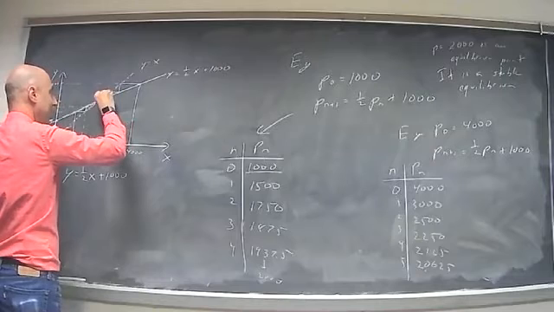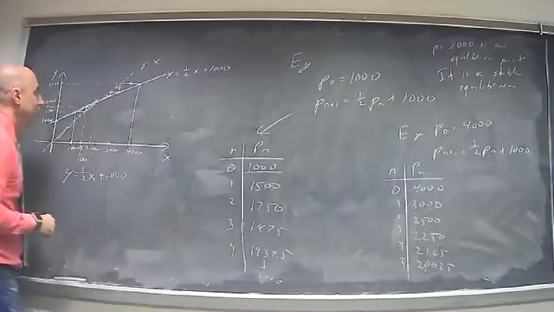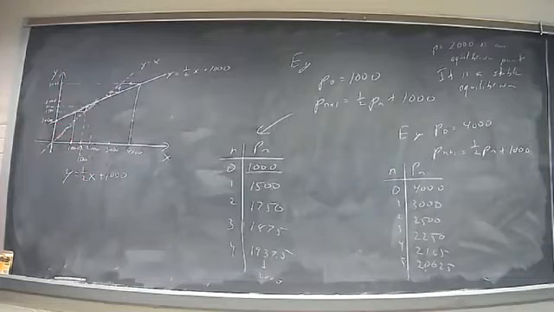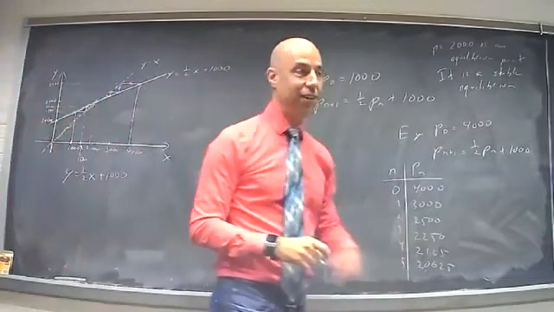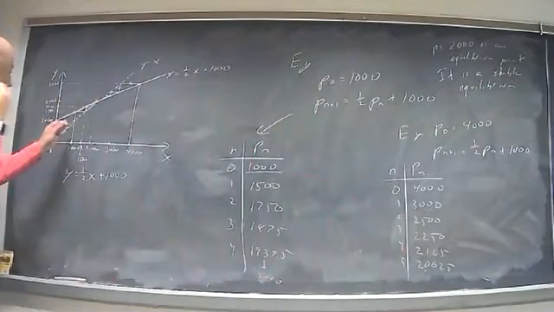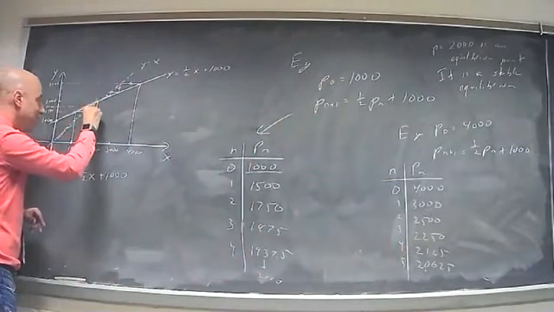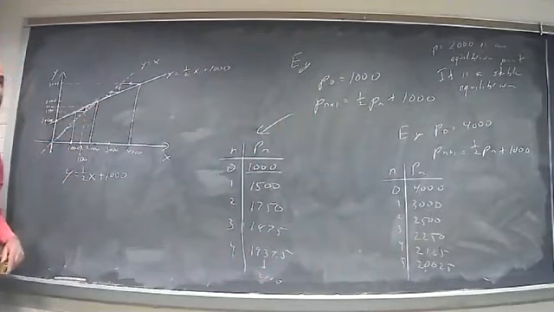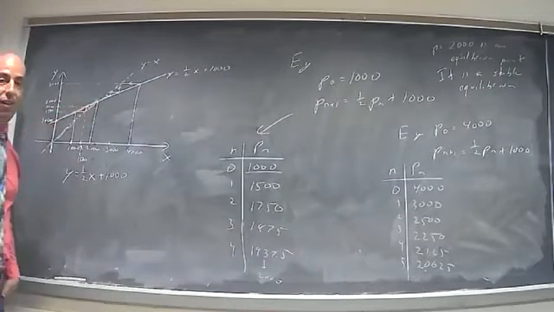And I'm getting closer and closer to 2,000, from the left or from the right. You can see, looking at this picture, that I have a stable equilibrium at x equals 2,000. All these spider webs approach that point.